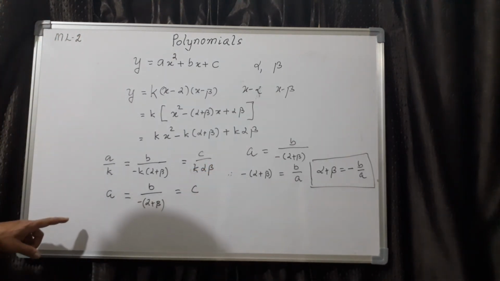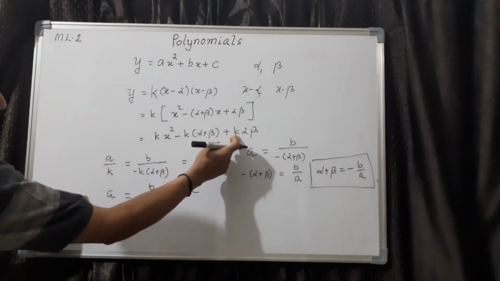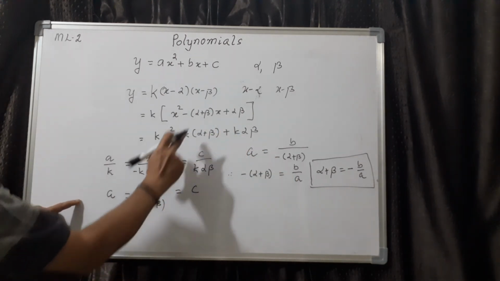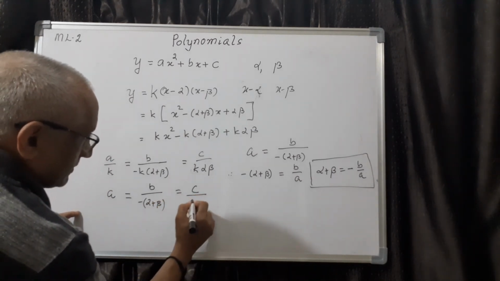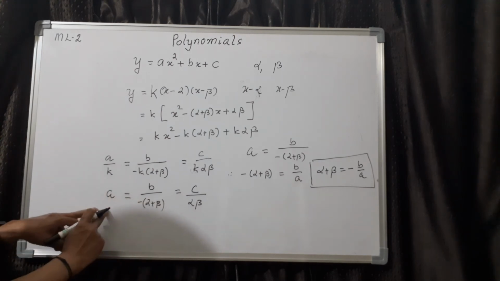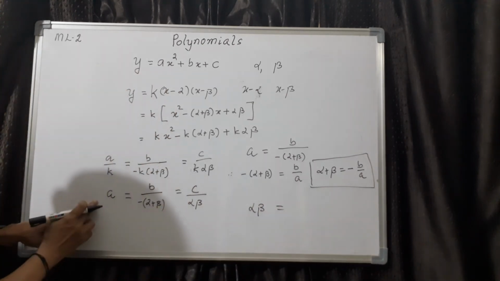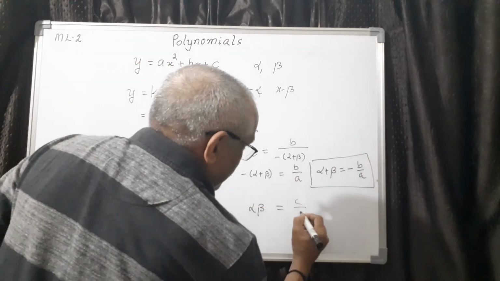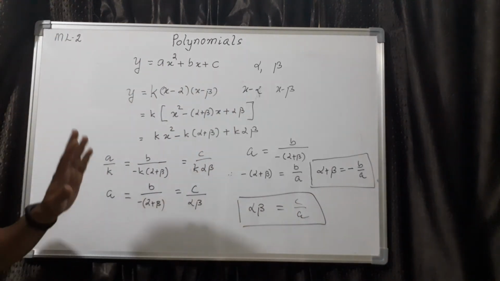Therefore, now if you take this relation, see, please note here k into alpha beta is there. So here c. So here it will be alpha beta. Therefore, you see, alpha beta will be equal to, you can cross multiply once again, c by a. So this is the second relation. So it is very easy to remember.